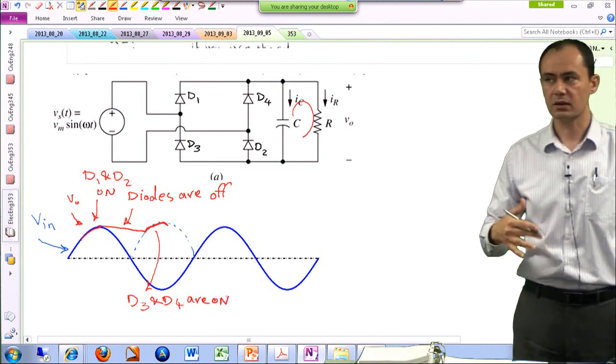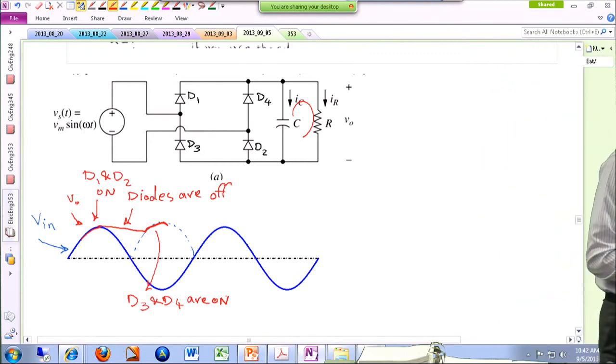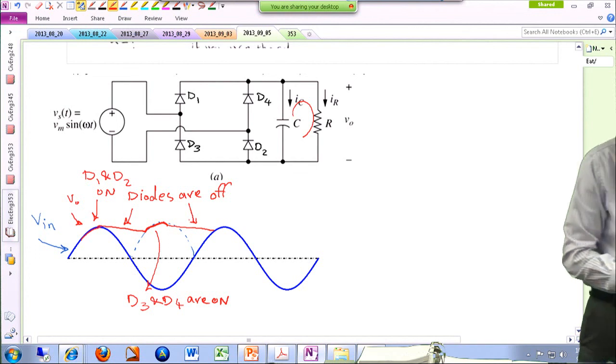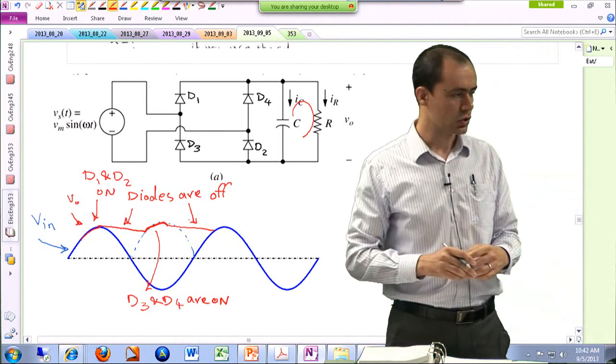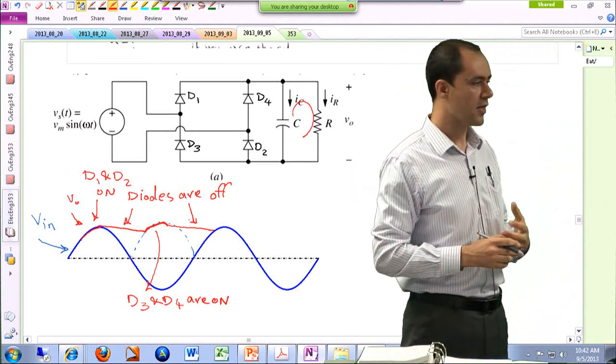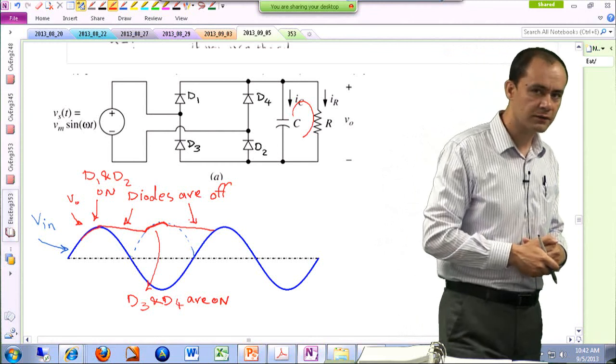This lasts as long as the currents of these diodes are positive, if you write the equation of the current of these diodes. Beyond that, they're going to turn off. So similar to what we saw before, there is a case that some diodes are on, then the diode current tends to get negative, so they turn off.